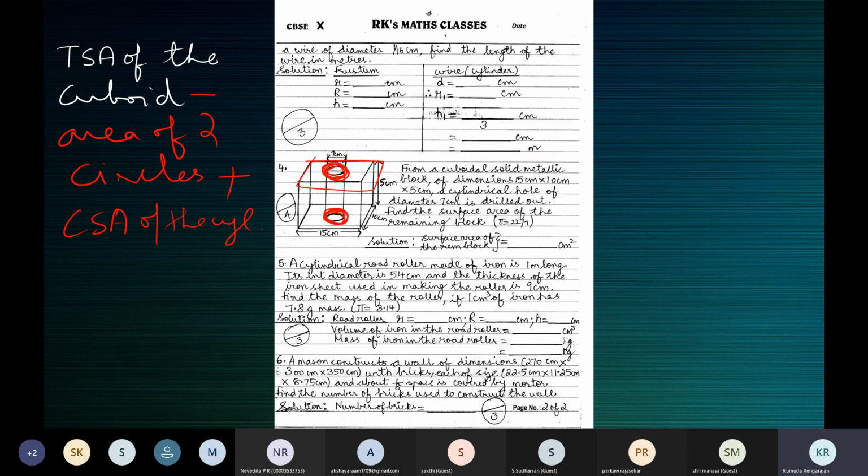Top surface you can paint minus the area of one circle. Bottom surface you can paint minus the area of one circle. So you can paint all the six faces minus the area of two circles. That is TSA of the cuboid minus area of two circles. Now imagine you're done painting these portions. Is it over? If you look inside the cylinder, the CSA of the cylinder is not painted.